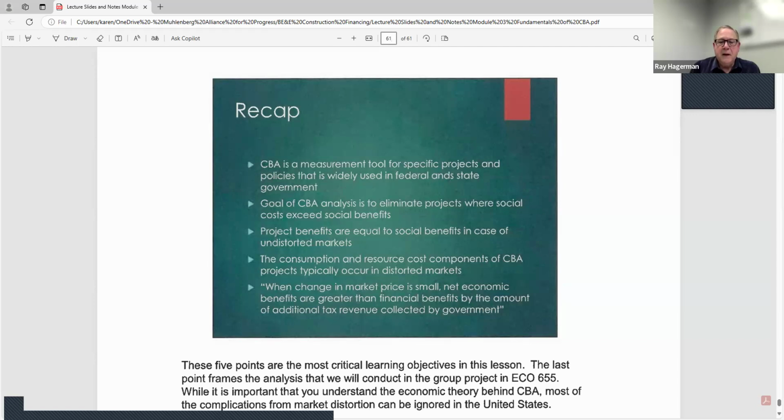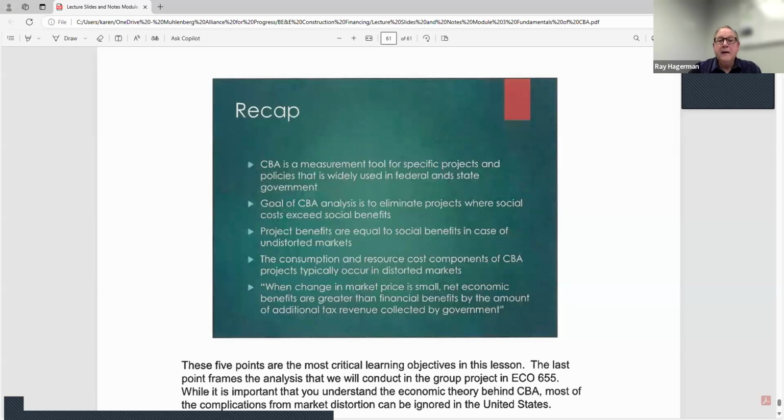So, in other words, by doing a project that requires some level of expenditure, some level of cost, some level of investment in the community, as long as it doesn't make the prices go up, or if they go up, they're going to go up marginally, then the net benefits are usually greater than the financial benefits only to the extent that government receives more taxes.